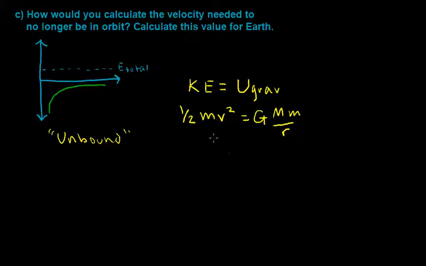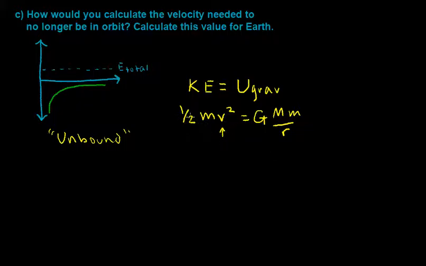So when we solve for this velocity here, the escape velocity for any planet will be based on that planet's radius. So now we just have to set everything equal to this velocity here.